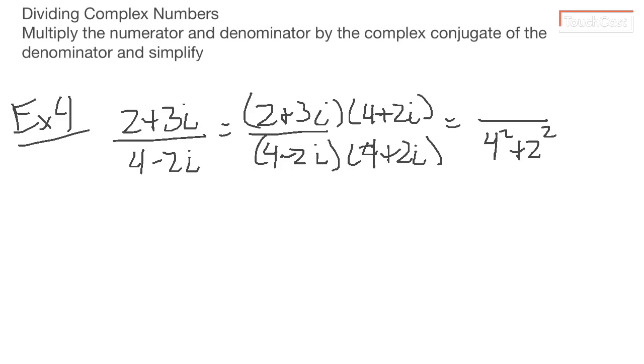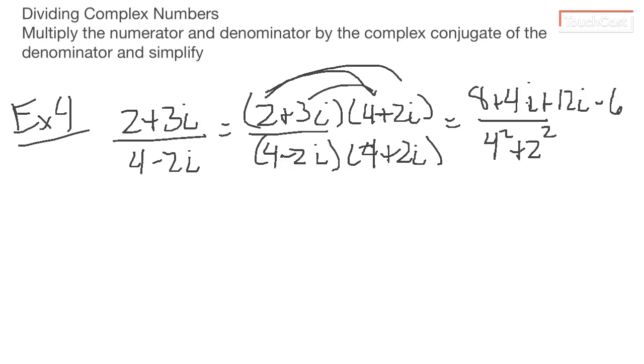In our numerator, we're going to have to go 2 times 4, which is 8, 2 times 2i, so we're going to get a plus 4i, 3i times 4, we're going to get a plus 12i, and 3i times 2i is going to give us a minus 6, because it would be 6i squared. So I'm just taking care of i squared right away by writing minus 6.